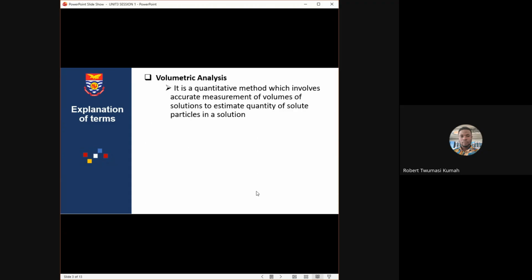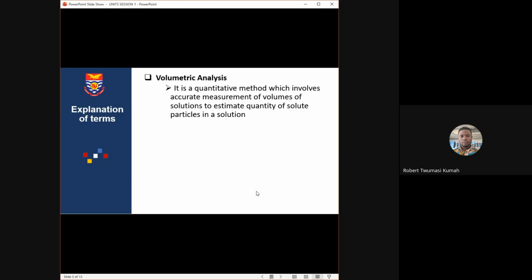So volumetric analysis largely is a quantitative method which involves accurate measurement of volumes of solutions to estimate quantity of solute particles in a solution. We are dealing with numbers.